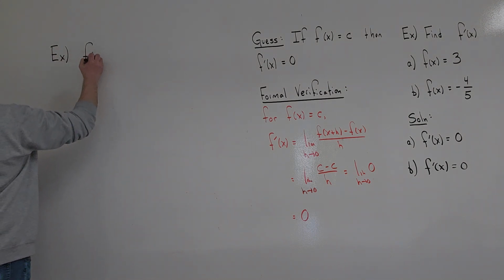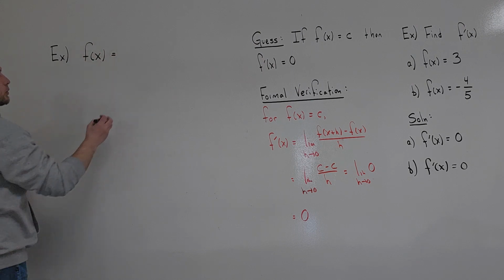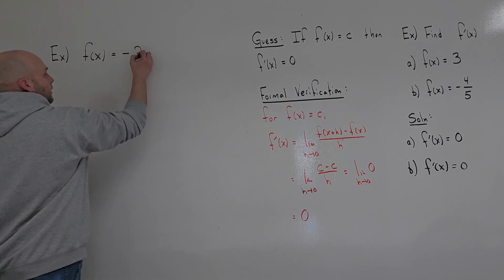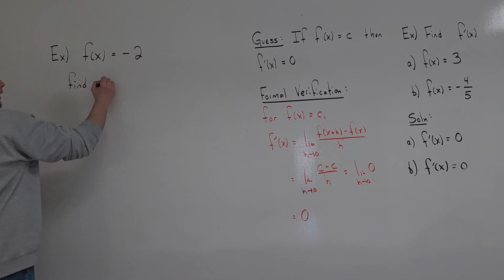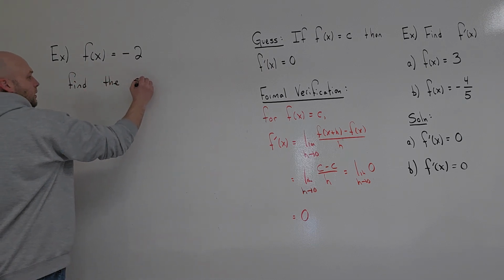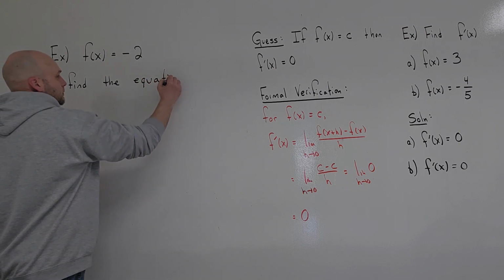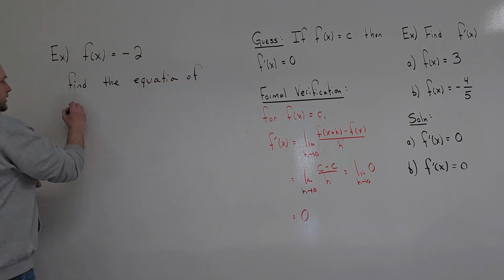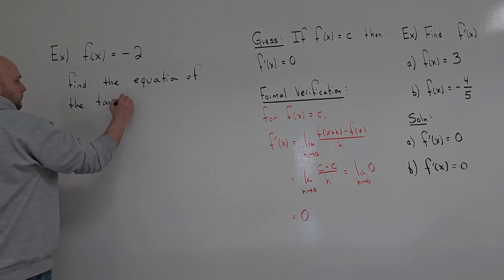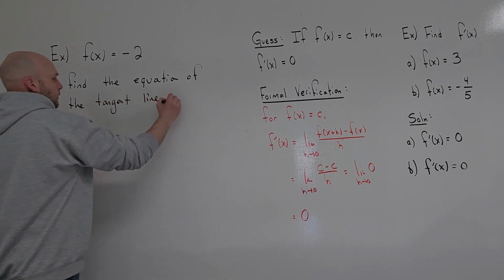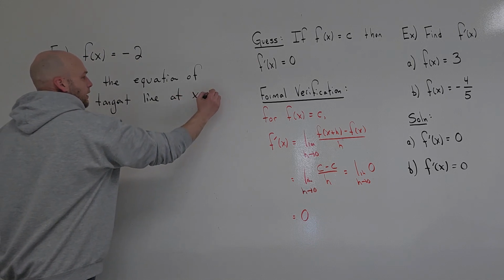Let's say I'm looking at the function f of x is equal to negative 2. Find the equation of the tangent line at x is equal to 3.